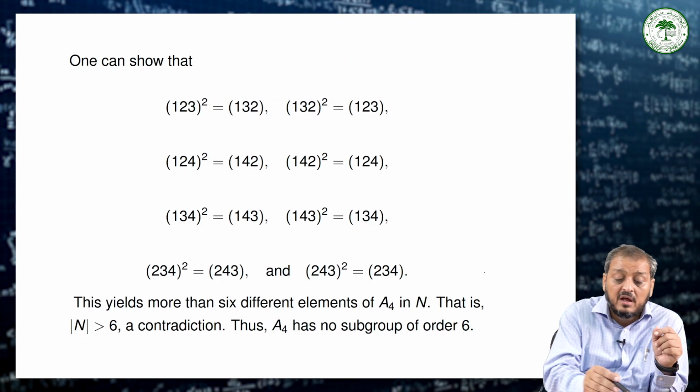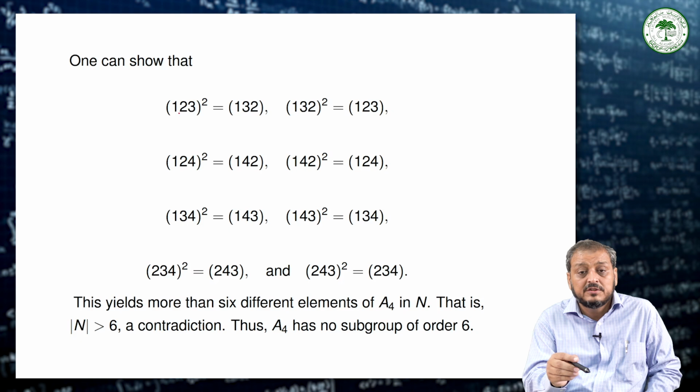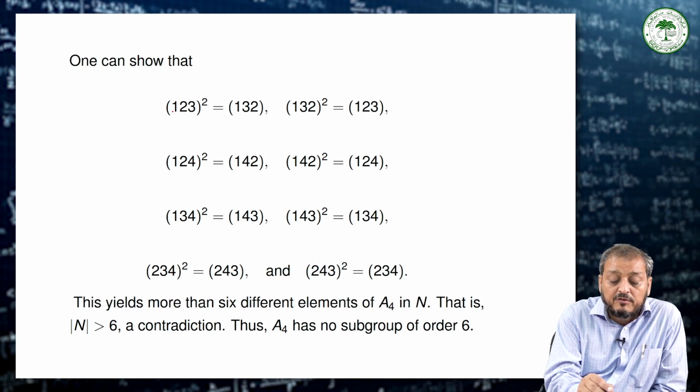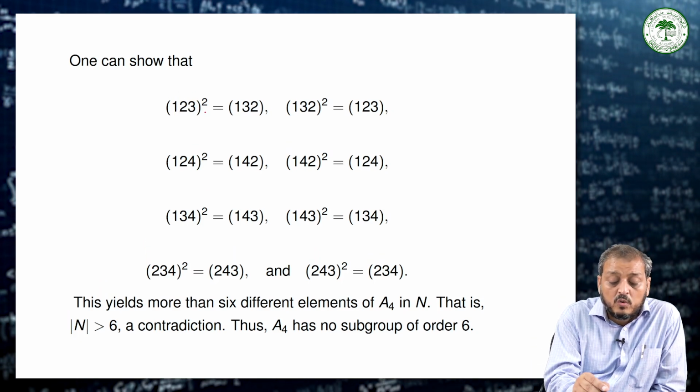So one can show this: we take the square of (1 2 3), that is equal to (1 3 2).